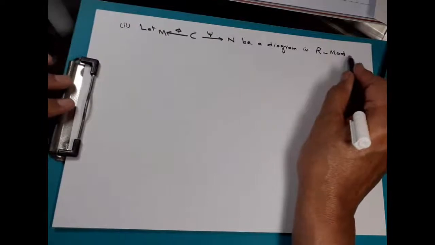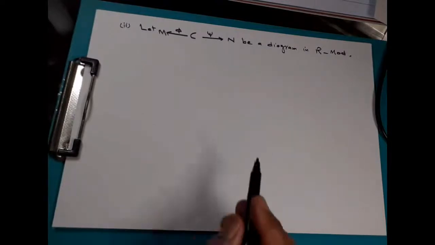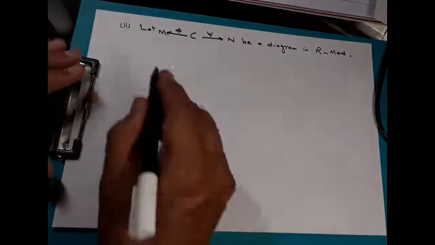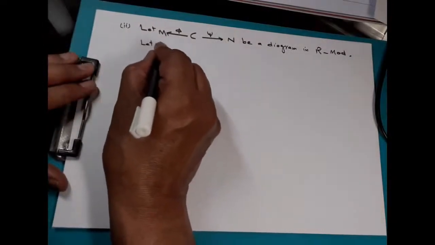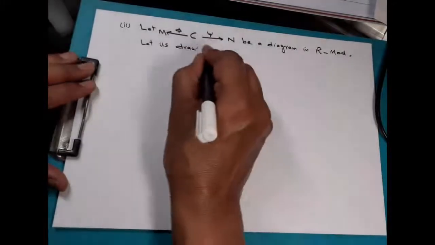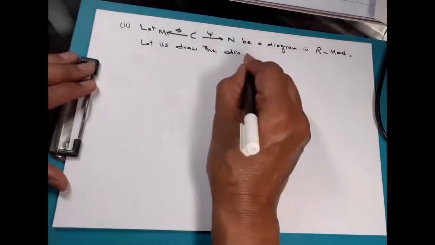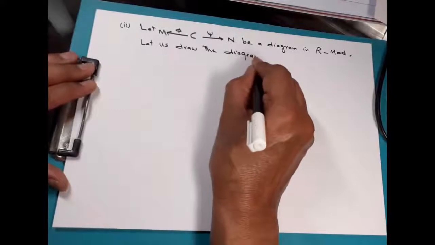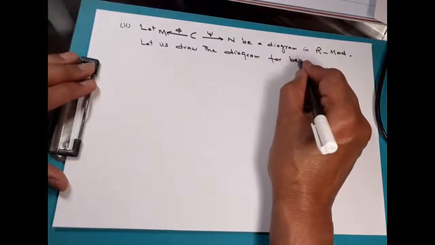Now we have to define a morphism from C to M cross N. So let us draw the diagram for better understanding.